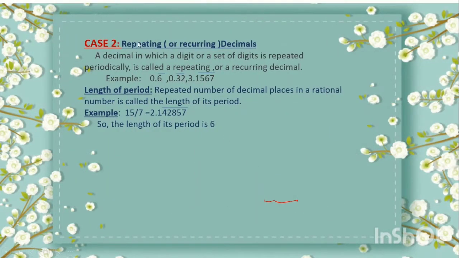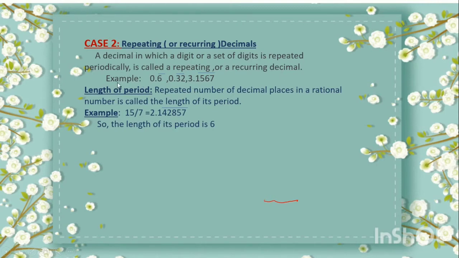Now the second case is repeating or recurring decimals. A decimal in which a digit or a set of digits is repeated periodically is called a repeating or recurring decimal.